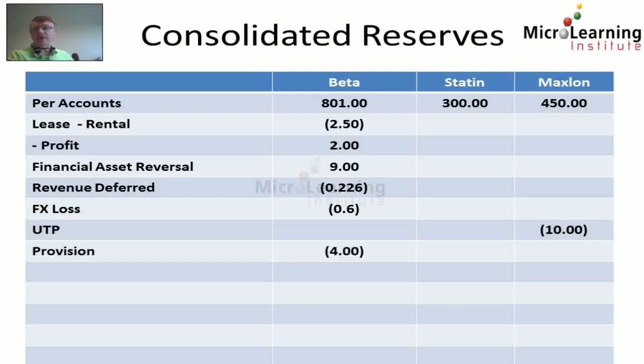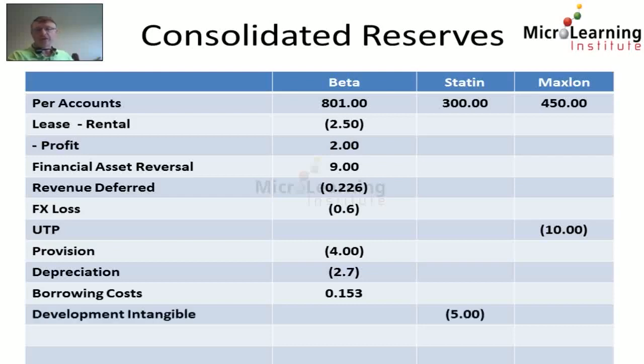We need to recognize the provision, as we've looked at in this tutorial at 4. We need to recognize the depreciation on the complex asset at 2.7. Borrowing costs, again, are added to the carrying amount of the asset, and of course also go to reserves of 0.153. The development intangible, which he tells us about in the note, we need to eliminate the 5 million from there. And again, the impairment of the financial asset is an amount of 0.226.